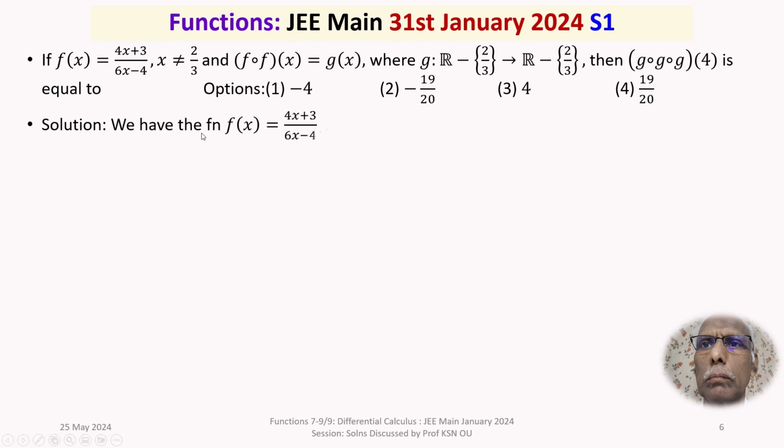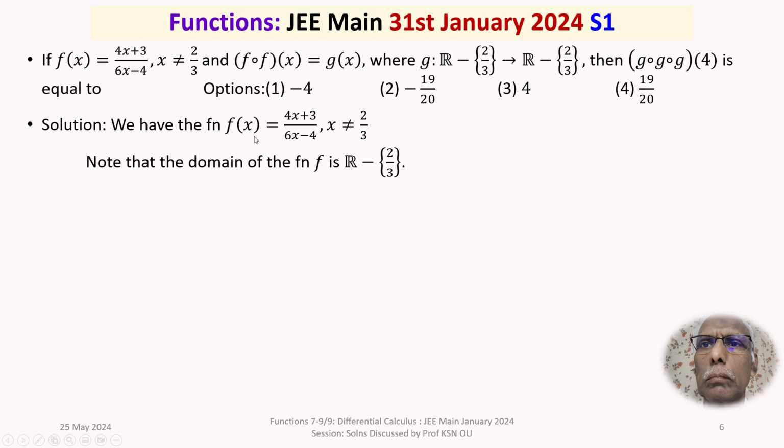We have the given function f of x is equal to (4x plus 3) by (6x minus 4), where x not equal to 2 by 3. Note that the domain of this function f is R minus the singleton set 2 by 3. Why?